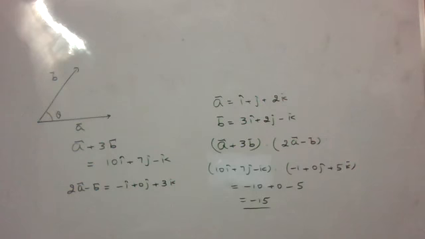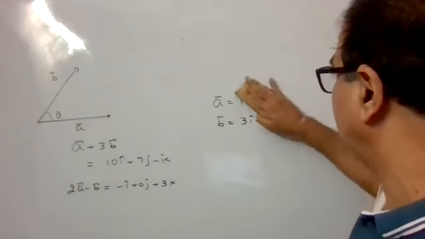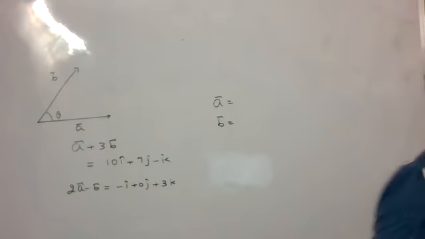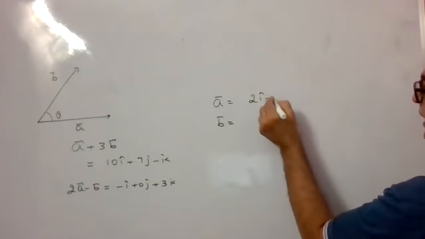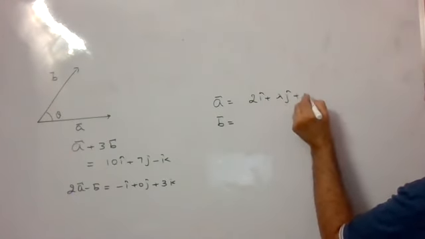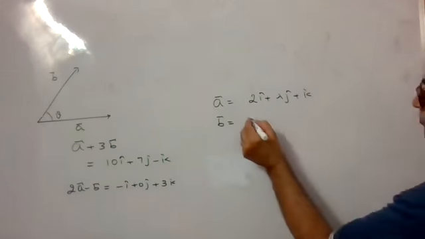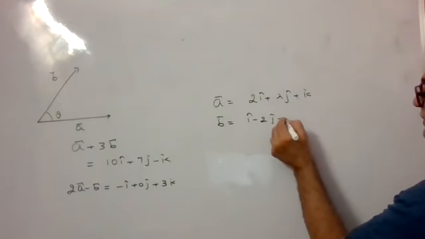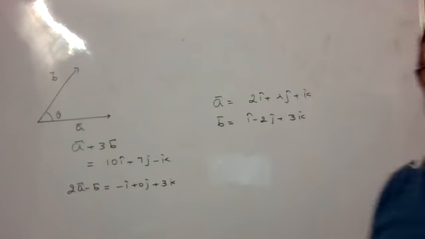Find the value of lambda. Find the value of lambda if the vector A, that is 2i plus lambda j plus k, and B vector is i minus 2j plus 3k are perpendicular.